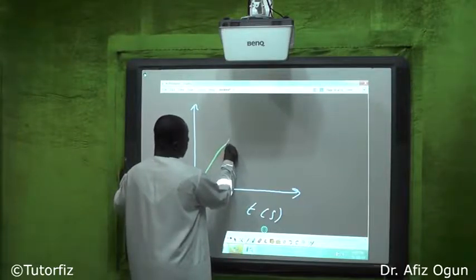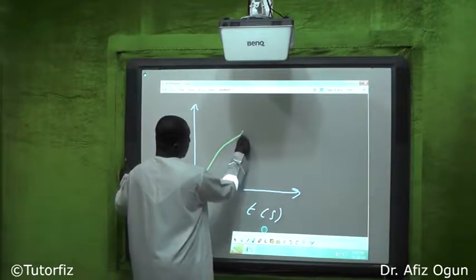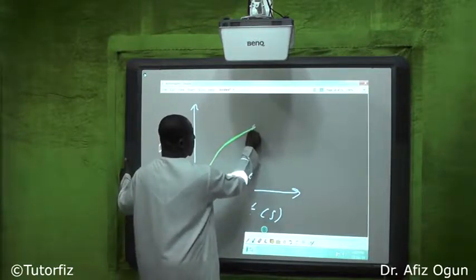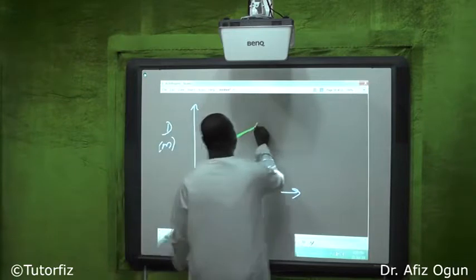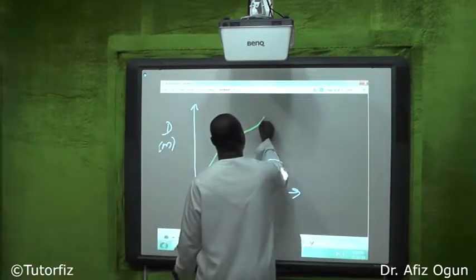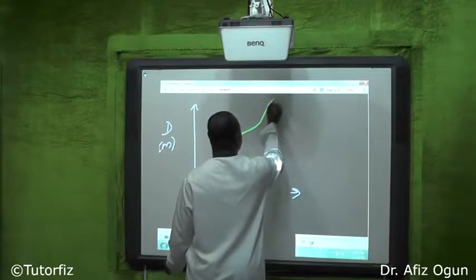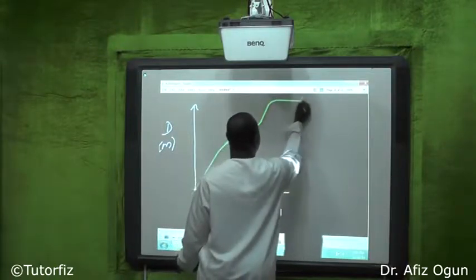You can see it curving, then became straight again, then about to change the speed again, curving, then became straight again, then curving, then became horizontal.